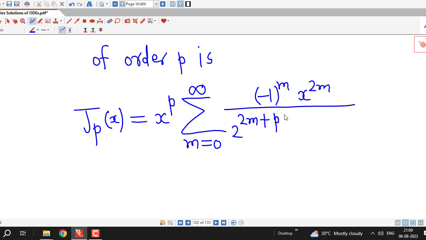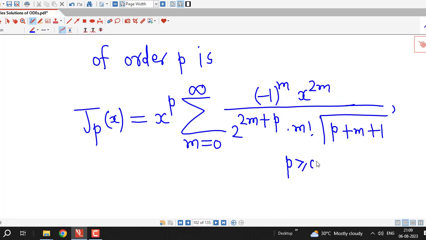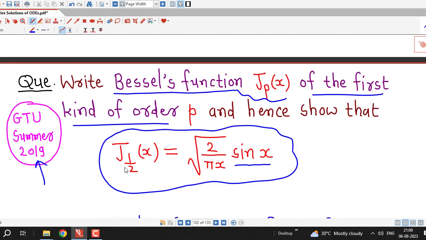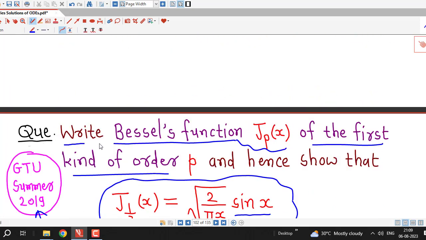Instead of nu I am writing small p, into m factorial into gamma nu plus m plus 1. Instead of nu we are writing small p, that is gamma p plus m plus 1. This is Bessel's function of the first kind of order p, where p is a non-negative real number. This is first part of the question.